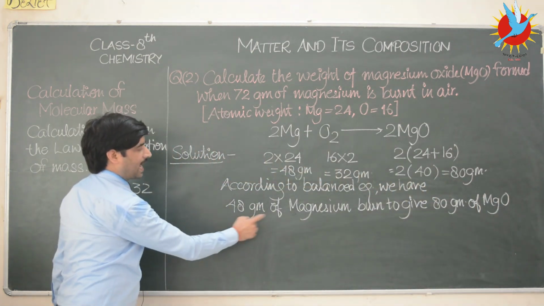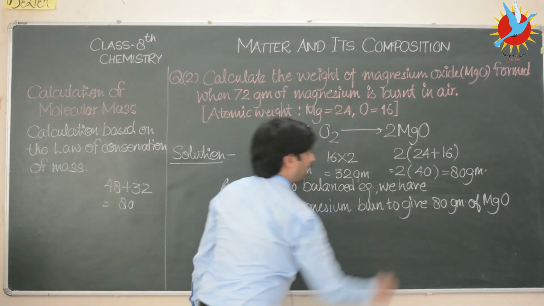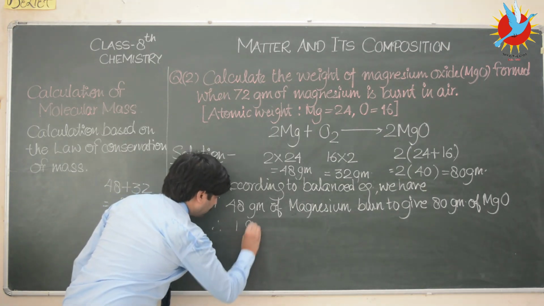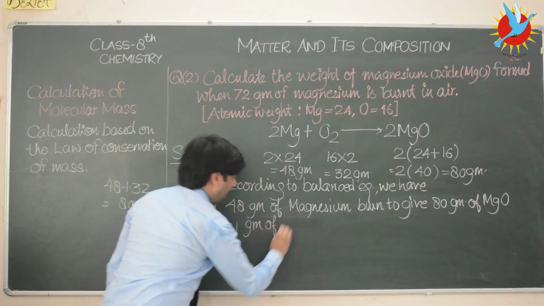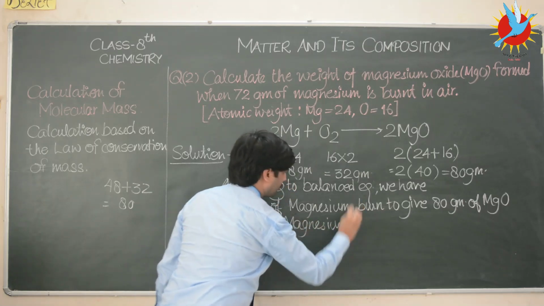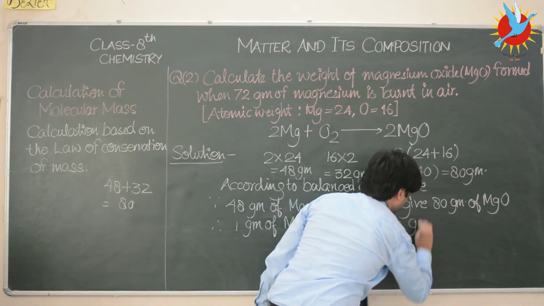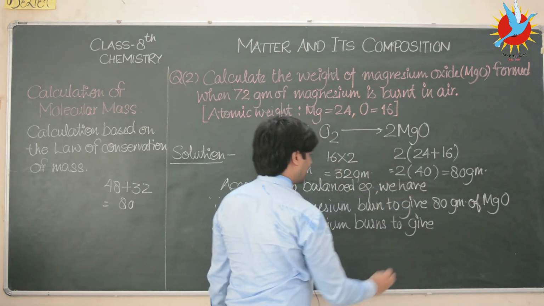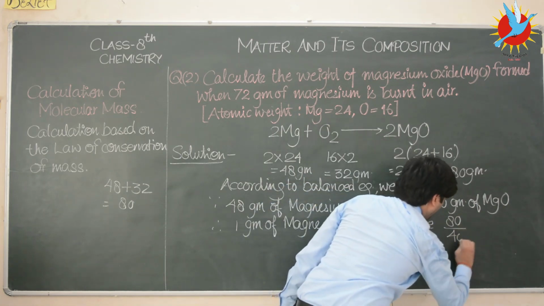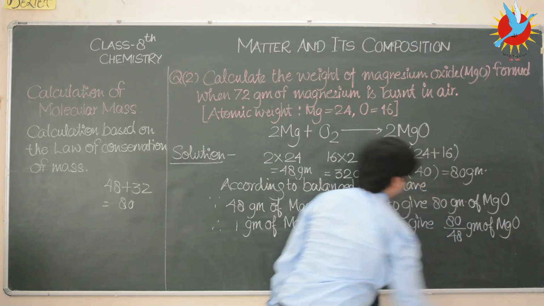So 48 gram of magnesium burned to give 80 gram of magnesium oxide. So 1 gram of magnesium burns to give 80 upon 48 gram of magnesium oxide.